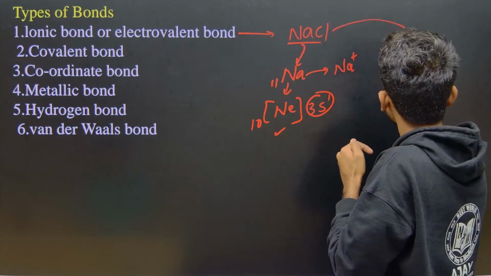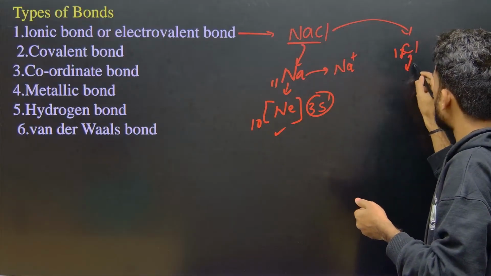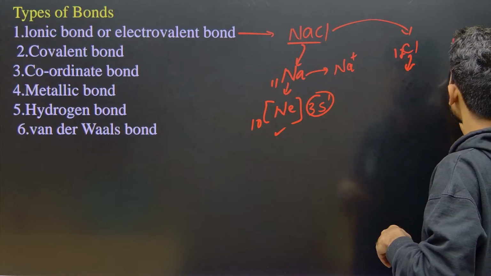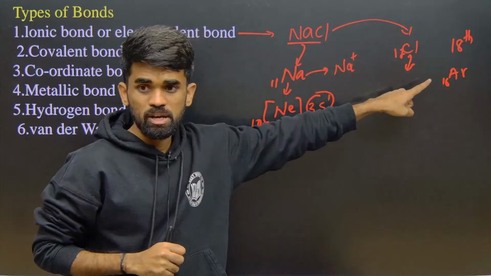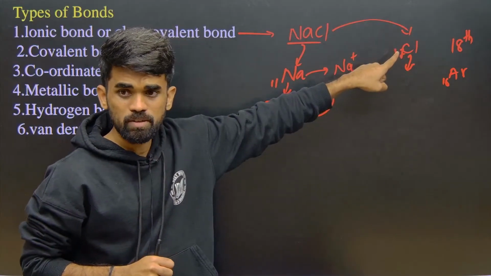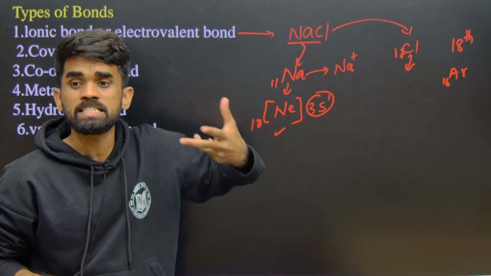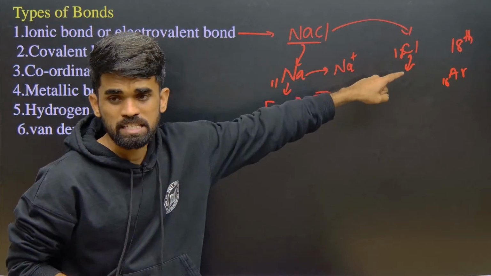What about chlorine? Atomic number is 17. The 18th element is argon. It has 17 electrons, and by taking one more electron it becomes inert gas configuration. That's why chlorine has a tendency to accept the electron, while sodium has donating character.